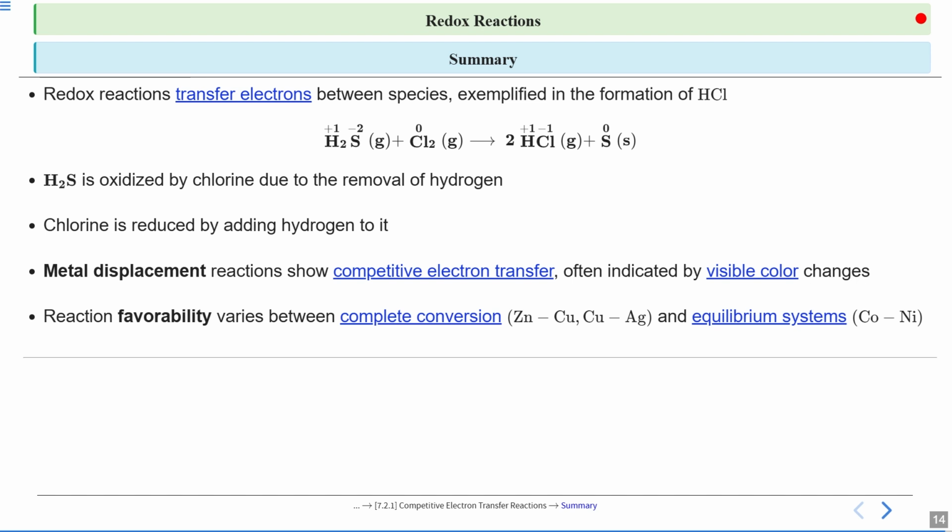Now, reaction favorability varies between complete conversion, which was in the zinc-copper or copper-silver examples, and the equilibrium system, which was in the cobalt-nickel example. We studied that the equilibrium for the reactions of zinc with copper and silver favored product formation, while the reaction between cobalt and nickel was generally not favored.